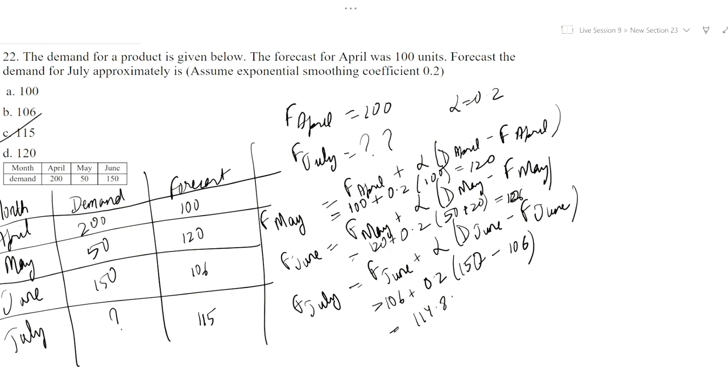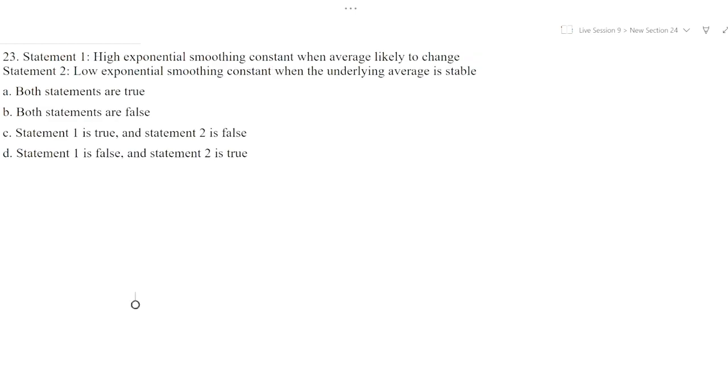Next question. A high exponential smoothing constant means the average is likely to change, while a low exponential smoothing constant is used when the underlying average is stable. So which of the following is correct? The correct option is both statements are true.